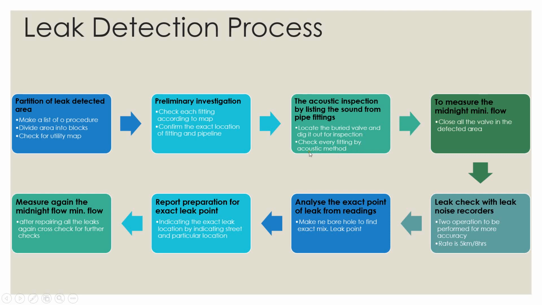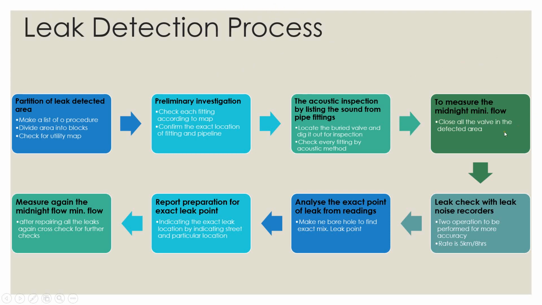Check every fitting by the acoustic method. These are the sub points. Digging out buried valves is the previous, long historical method for identification of leaks. But nowadays highly technical equipment is available to identify these leaks, so you can utilize those technical equipments for less manual work.